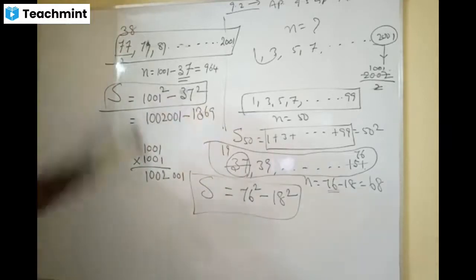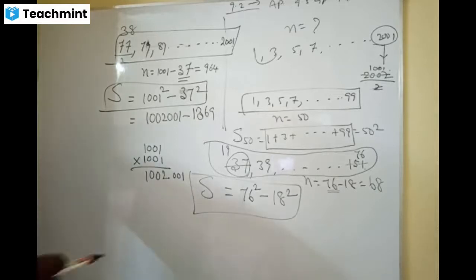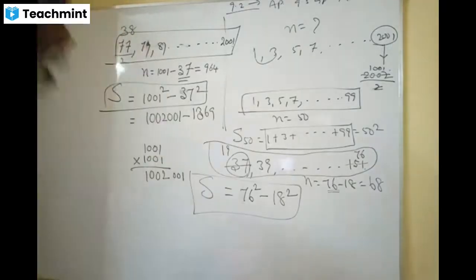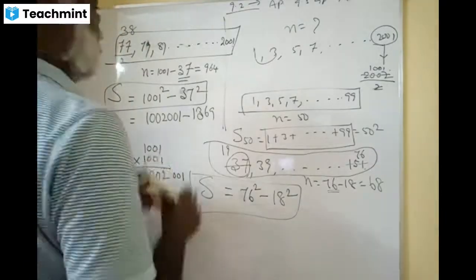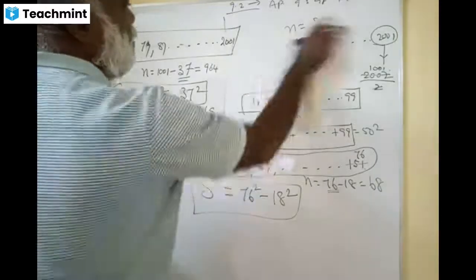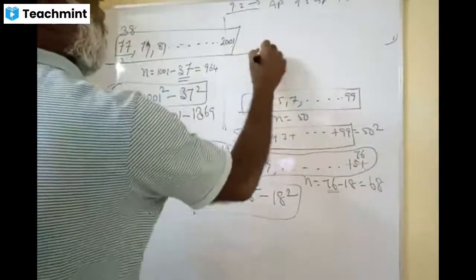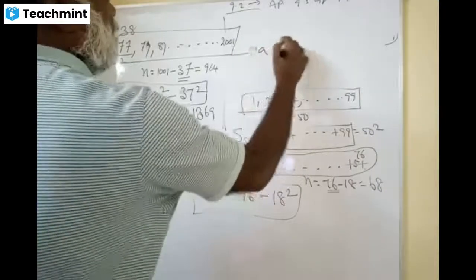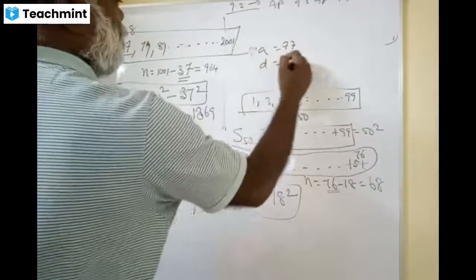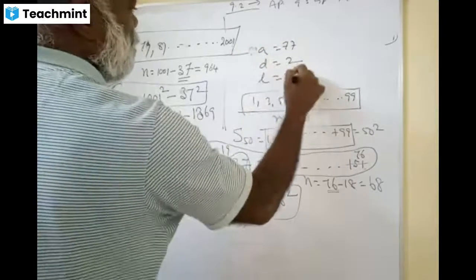Anyway, this labor work is not that important for us. What's important is that we can do it by the normal method also, by which you can get the answer. In the normal method, you take A equal to 77, B equal to 2, L equal to 2001.